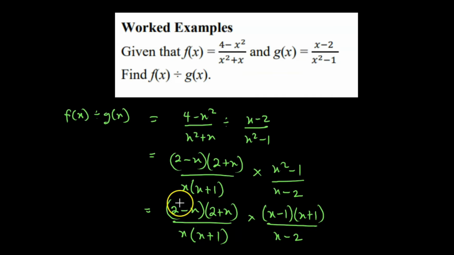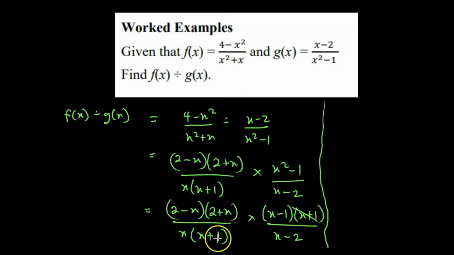So we can do away with common factors, which includes x plus 1 will go into x plus 1 here, and it will be left with x minus 1, and then we have x minus 2 here. Now, in doing so, let me work out this here on the side.